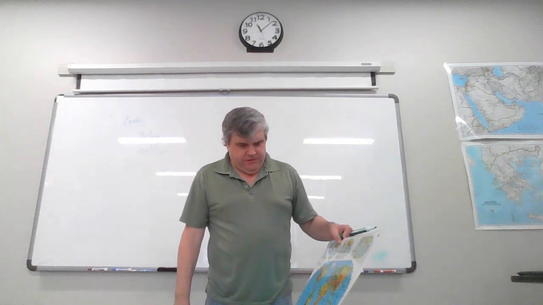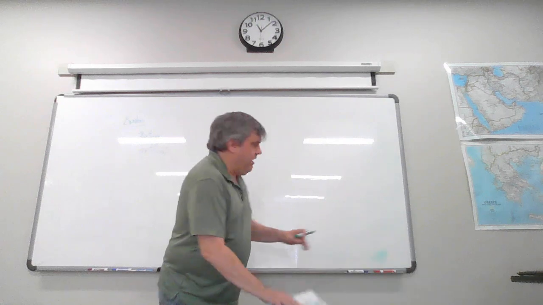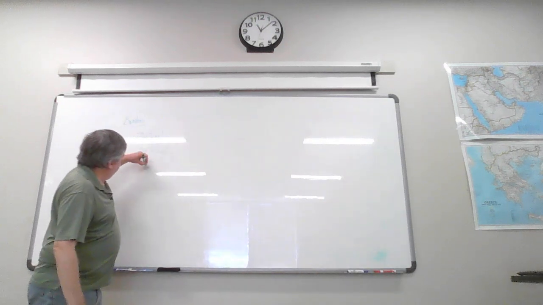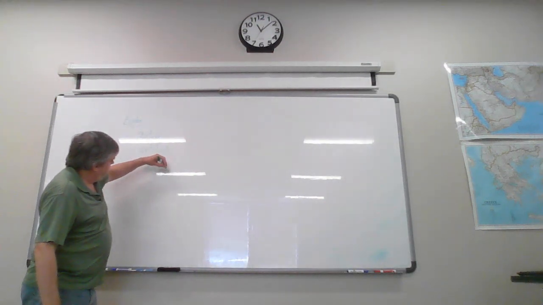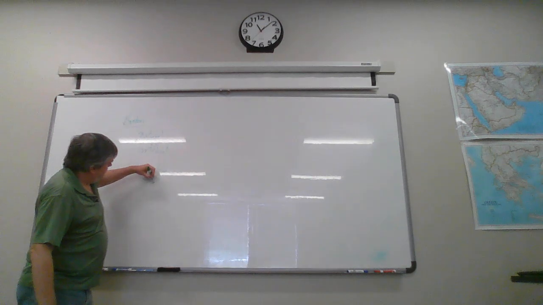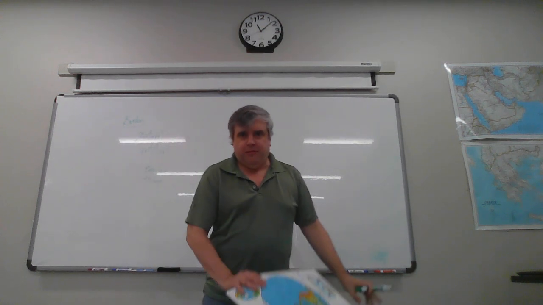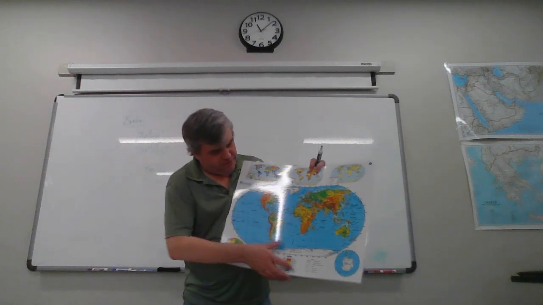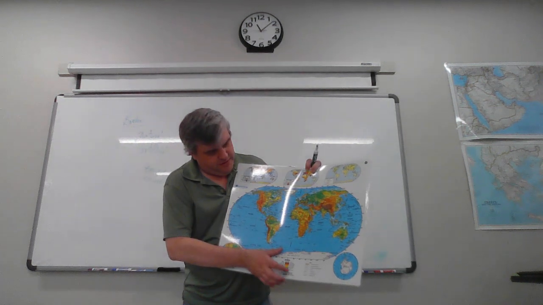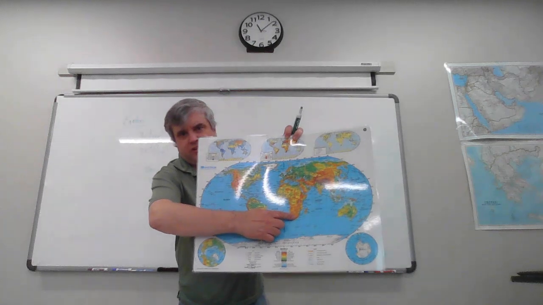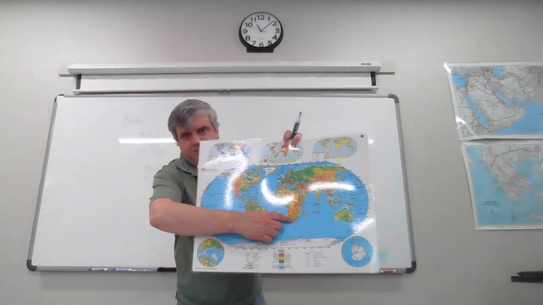Now, there are a couple of different ideas of boundaries here. The idea between enclave and exclave. Enclaves can be a little country surrounded by a much larger country. Lesotho and Swaziland here in South Africa, those are enclaves.